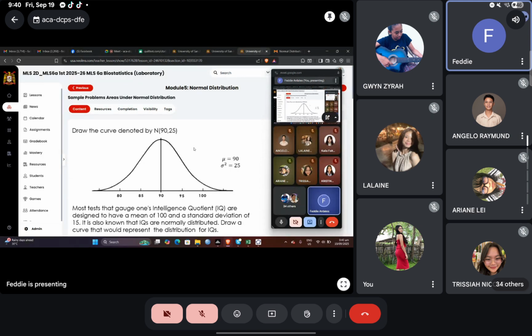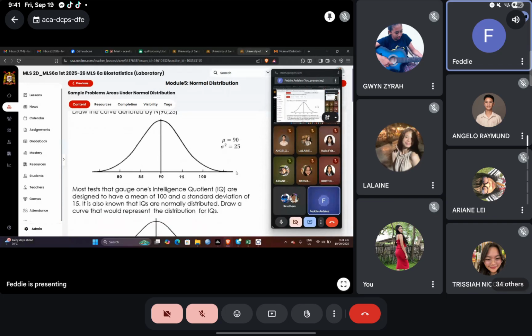If the variance is 25, you can easily get the standard deviation, which is simply the square root of the variance. So the square root of 25 is 5, and 5 would be our standard deviation.